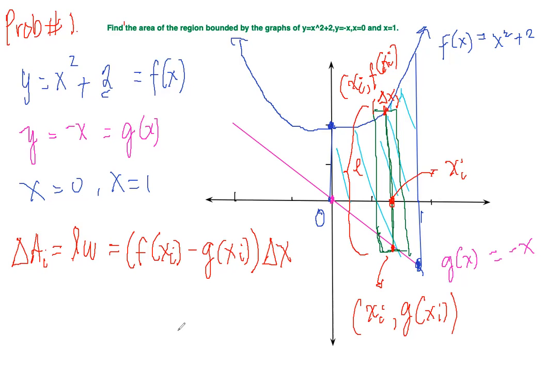Okay, so with the use of Riemann sums, this could be expressed as the area is equal to the limit of the summation of the areas of all the rectangular strips.